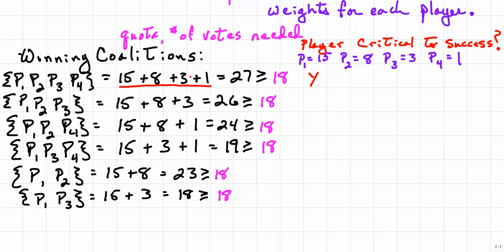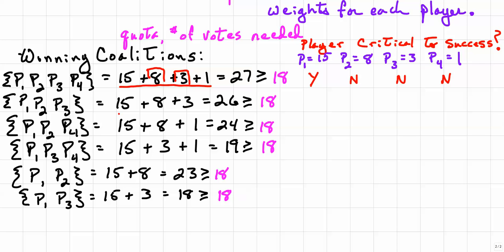And I'm going to need the help of one of these other two to get me to 18. This one is definitely not going to be critical. And I really only need either this one or this one to get me to 18 or beyond. So neither one of them is absolutely critical as long as 15 is understood to be critical. So we'll write down no for all three of these.